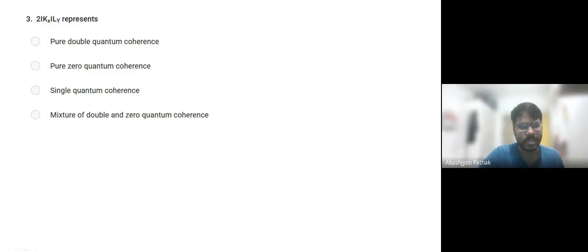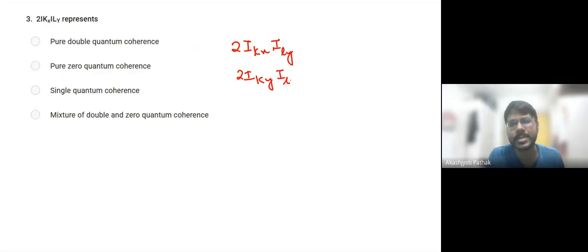Then there was another question: 2 IKX ILY represents what? If you have terms like 2 IKX ILY, or terms like 2 IKY ILX, or there are XY terms too, what do they represent?